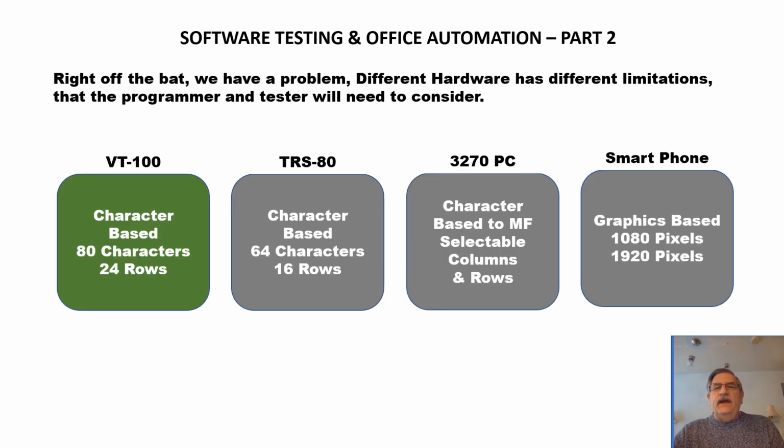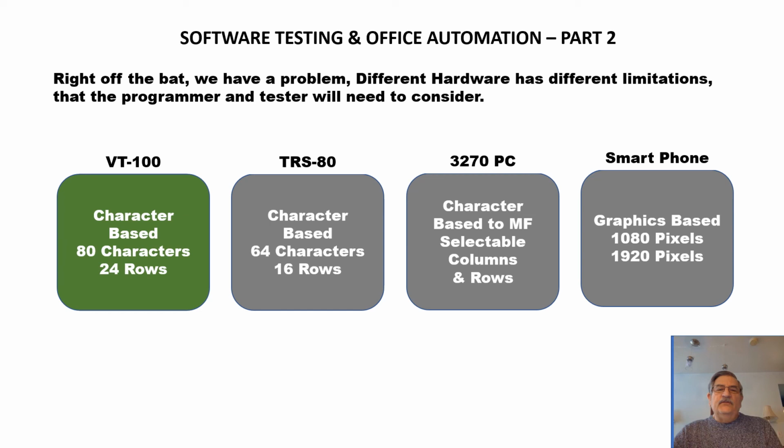Now, right off the bat, before we start doing any testing, the developers and the software testers have limitations imposed on the hardware platform that they're going to use. The VT100 here was character-based. It had 80 characters and 24 rows. The Radio Shack computer was character-based, at least the Model 1 was.